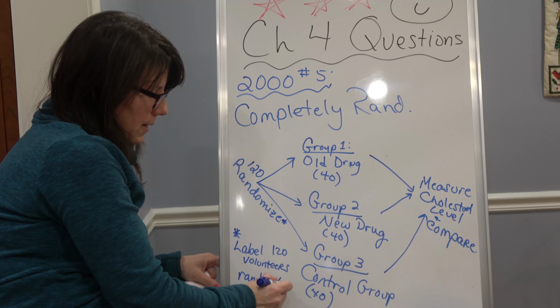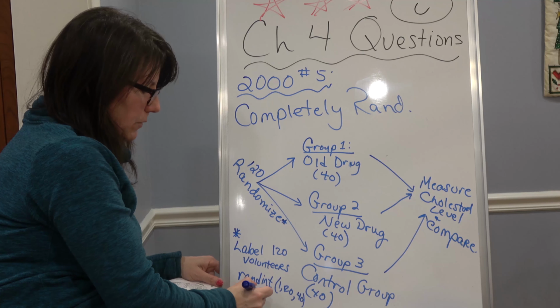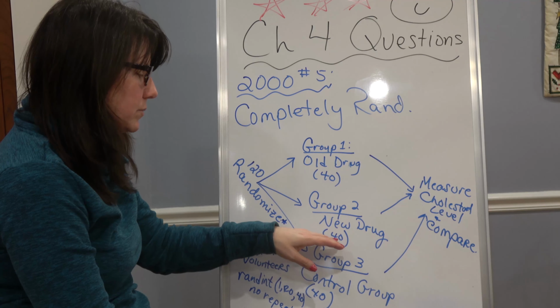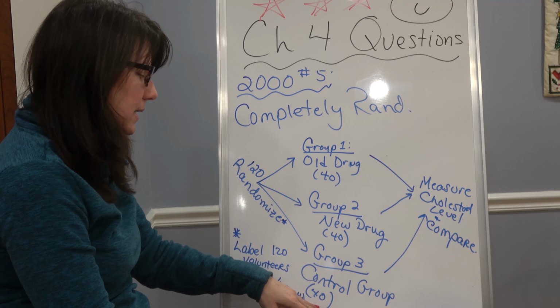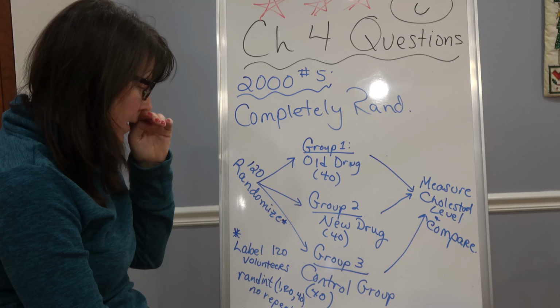And those 40 people would be placed into group 1, right? Random integer, no repeat. And then I would take the remaining people and place the next 40 in group 2 and the remaining in the control group. Or you could have shifted these groups.